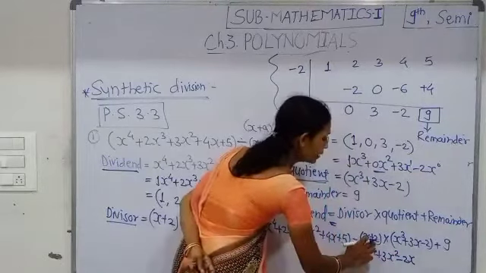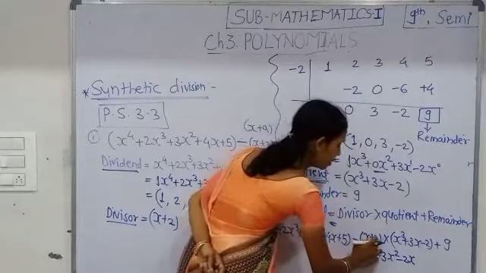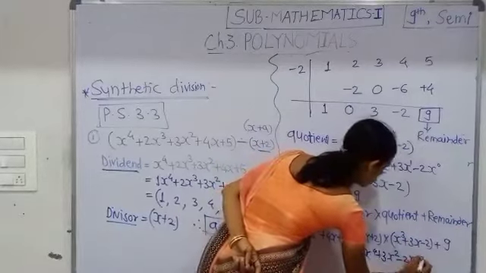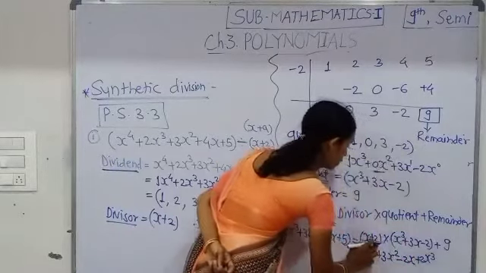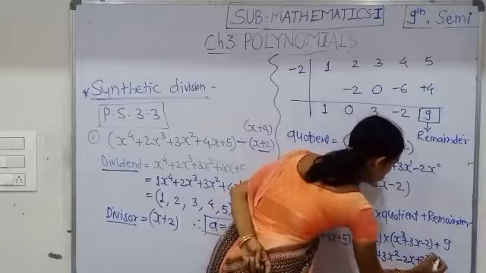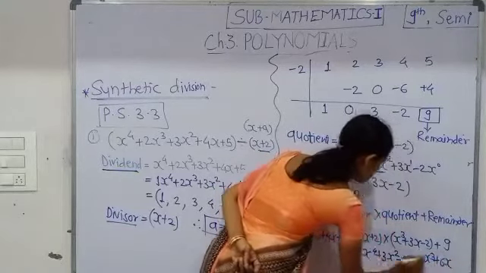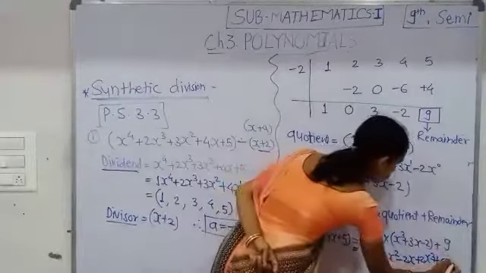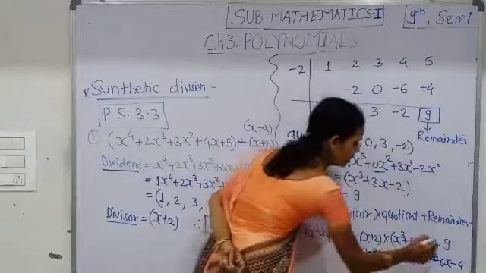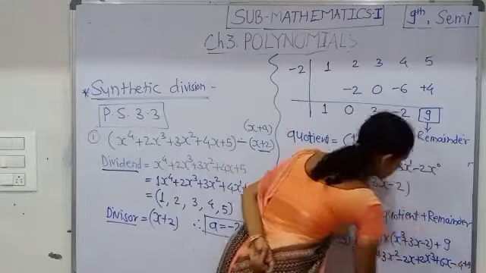Then we multiply this bracket by 2. Therefore, here we get plus 2x cube, 3x into 2 is plus 6x, 2 into minus 2 is minus 4. And here plus 9 is there.